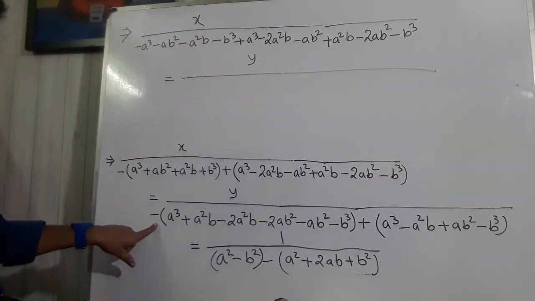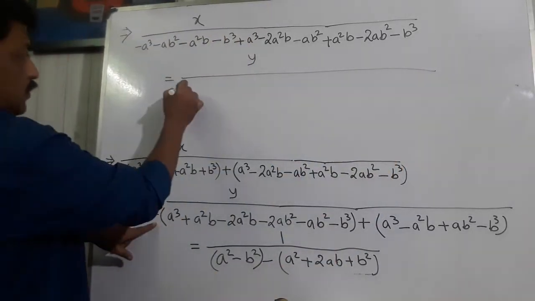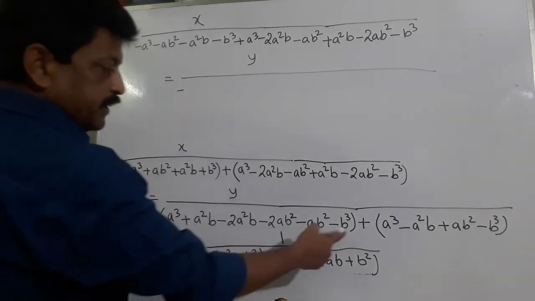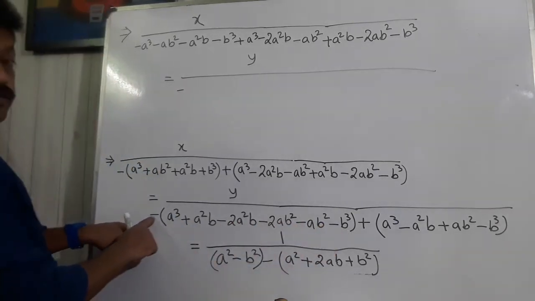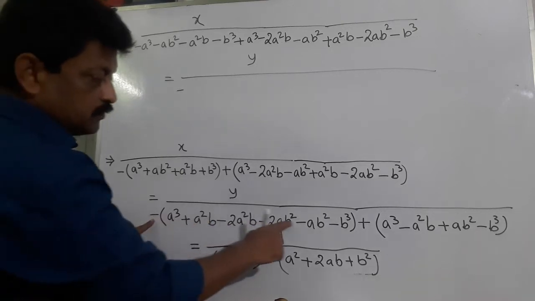Here also we are having minus sign outside, so when I will open this bracket, then I have to use this minus sign. The sign of all these terms will be changed.